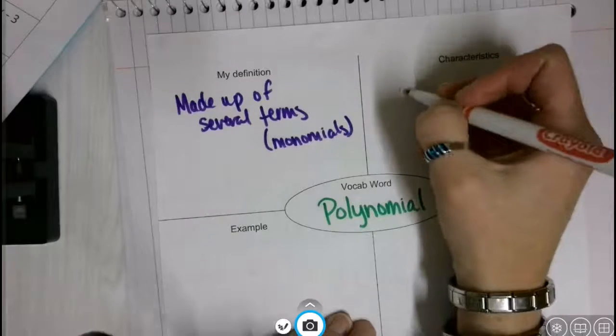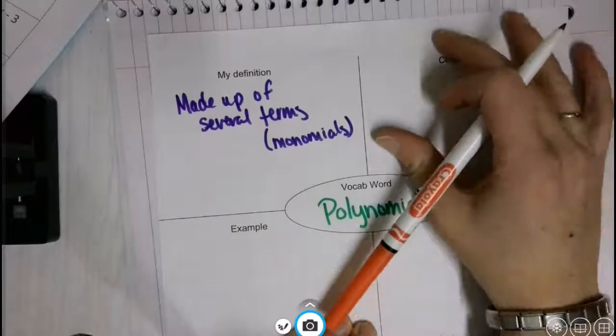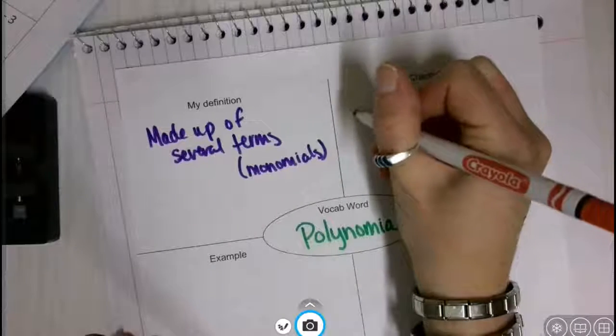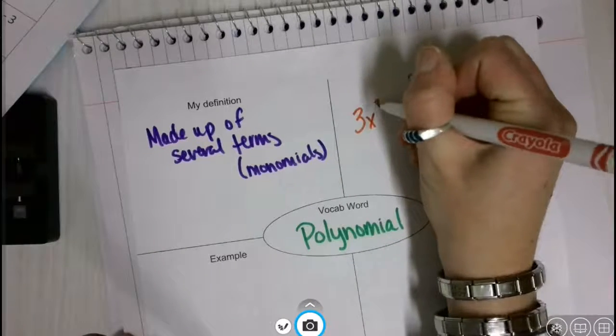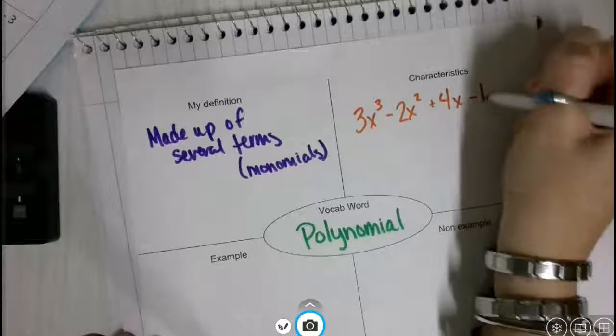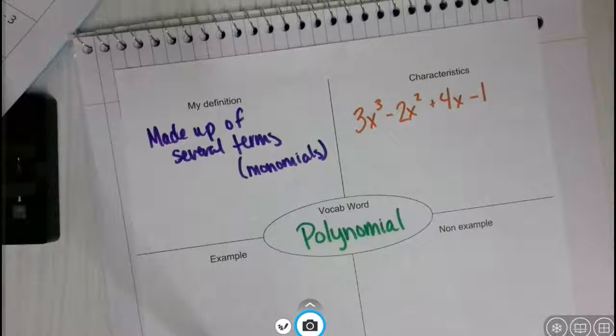So here is an example, and we're going to take several notes up here because there are some terms and some keywords that we absolutely need to know. So if I have 3x cubed minus 2x squared plus 4x minus 1, that's just our example. So now we're going to look at the different parts of this.